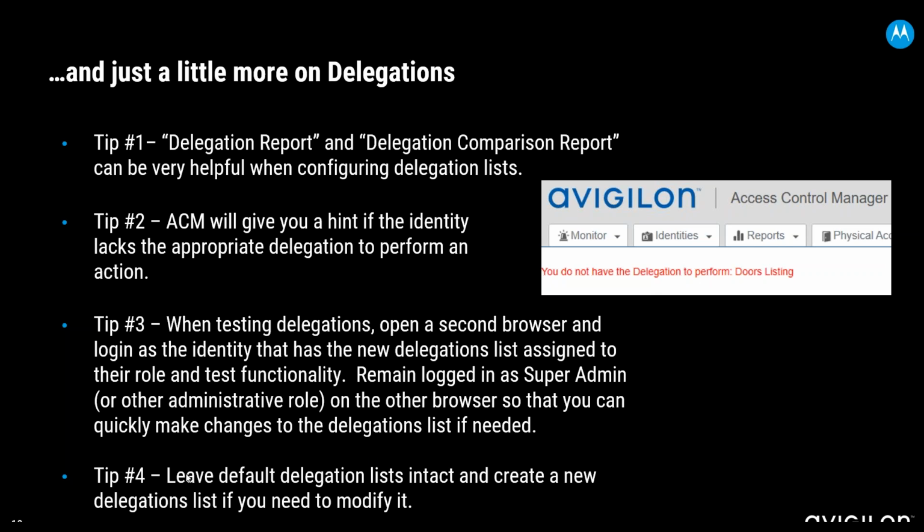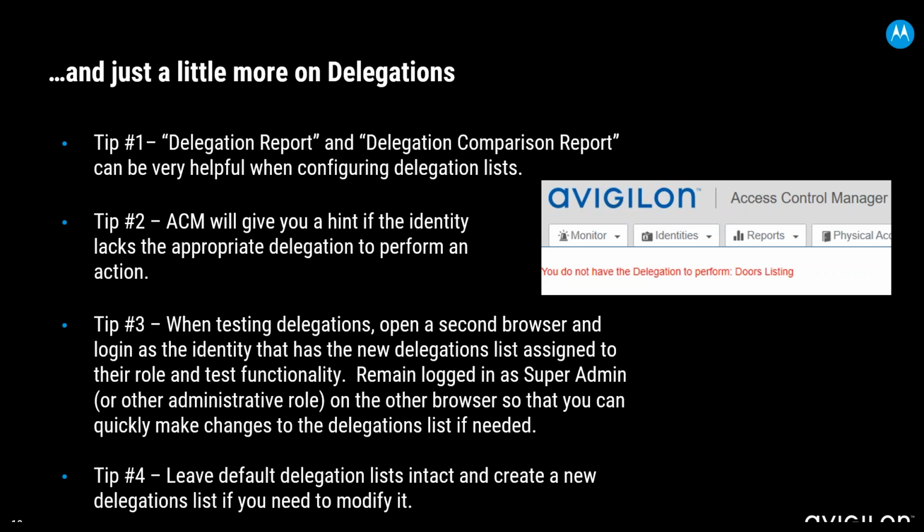Tip number 4, this is what I like to do on my system. I like to leave those default delegation lists intact, just in case I go in, I make a lot of changes, and then I just decide I want to kind of start back at 0. Maybe the delegations just aren't working correctly. If you modify those default delegation lists, it's harder to get back.